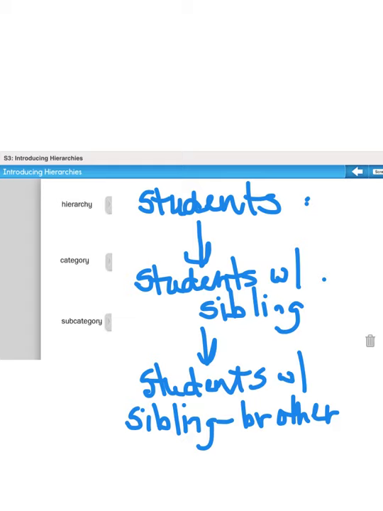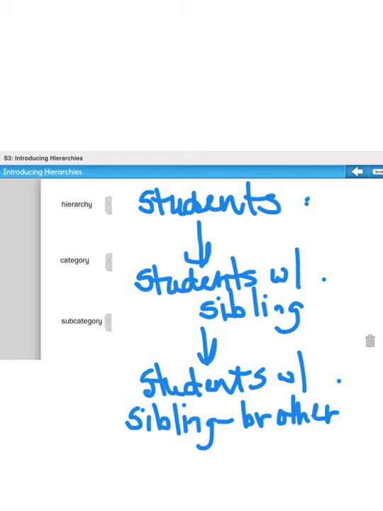So what other subcategory is on the hierarchy? The students in my class who have a sibling that is a brother. So they have a sibling who is a brother, and they are students in my class. The group at the bottom of the hierarchy is a subcategory of the group in the middle, and also a subcategory of the group at the top.